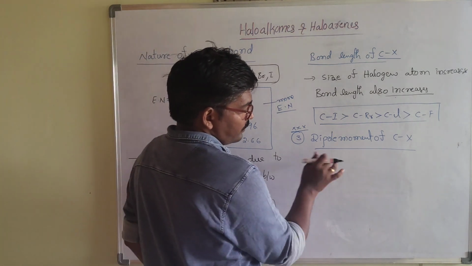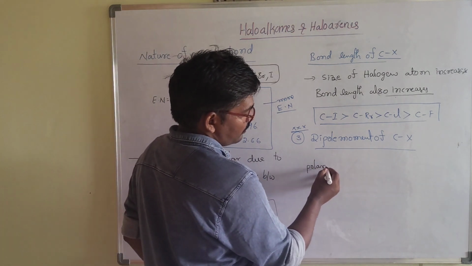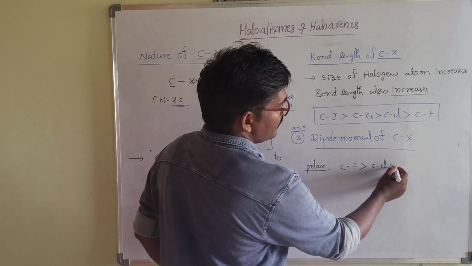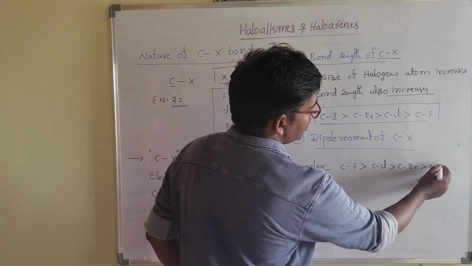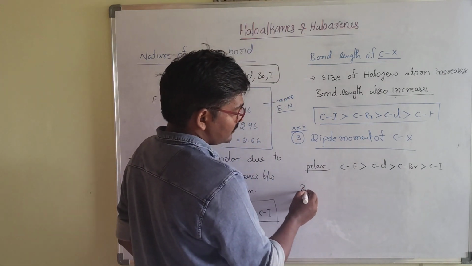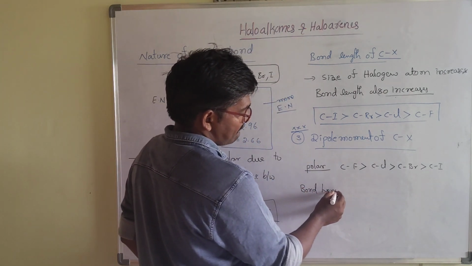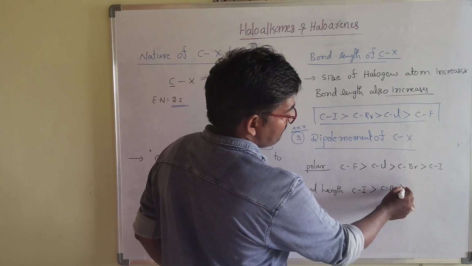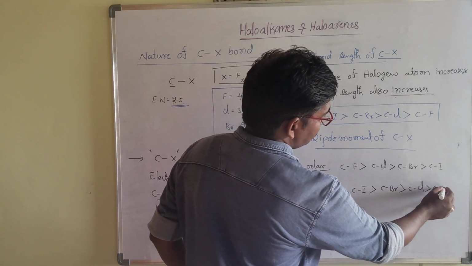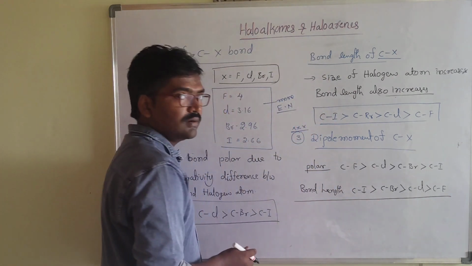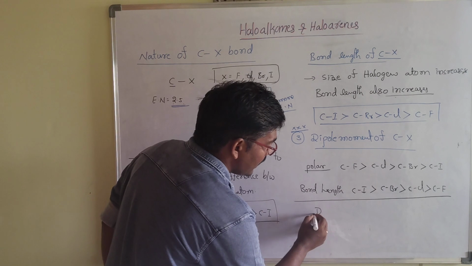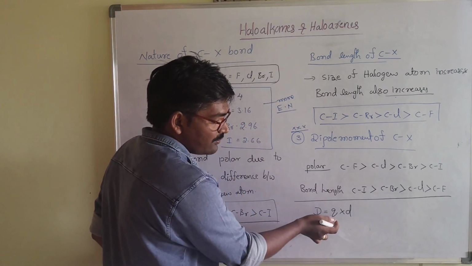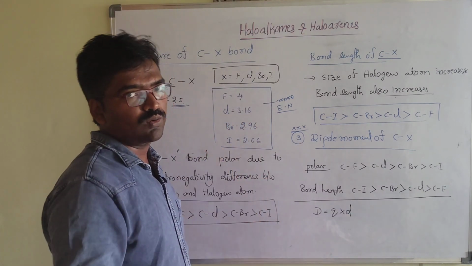In polar nature, the C-F bond is most polar, then C-Cl, C-Br, C-I. In bond length, C-I is longest, then C-Br, C-Cl, C-F. Remember that dipole moment equals Q into D, the magnitude of charge into the distance between the two nuclei.